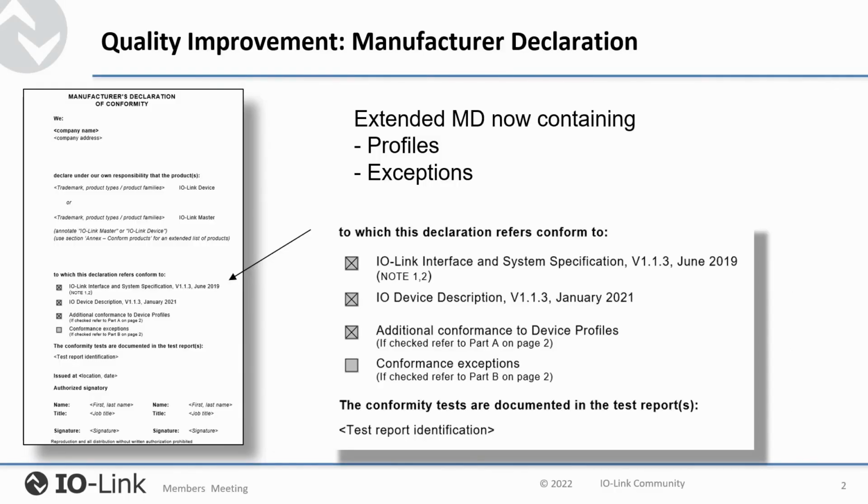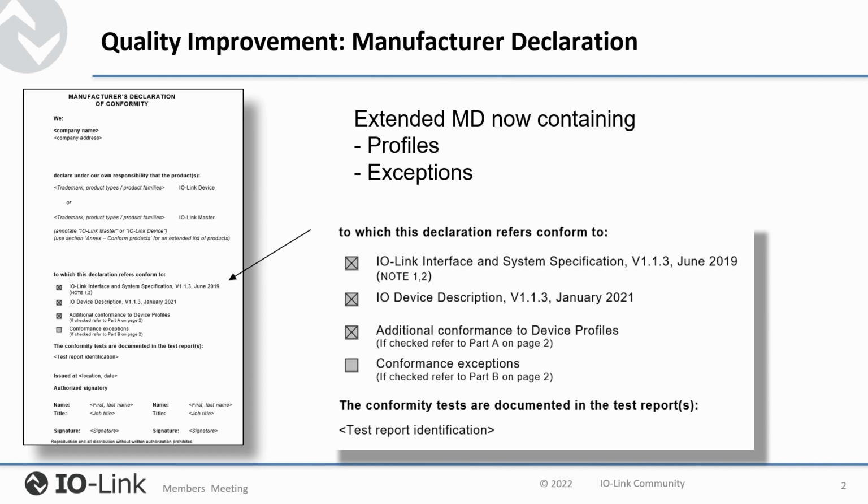So Wolfgang showed us how many profiles are in the world, and also for the profiles there are test specifications available, and conformity now has to be compliant to the profiles. As you can see here, additional conformance to device profiles.